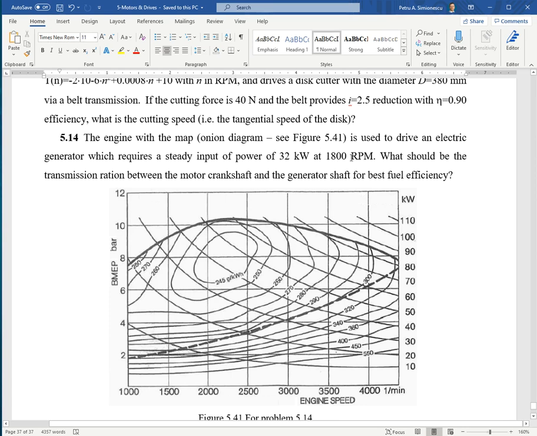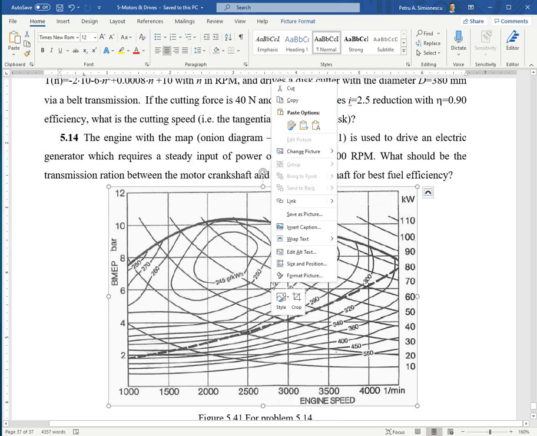You go back to earlier in the chapter. It says, what should be the transmission ratio between the motor crankshaft and the generator shaft for best fuel efficiency? So we have 32 kilowatts, and these are the constant power hyperbolas. This is the 40 constant power line, so 32 would probably be somewhere along.